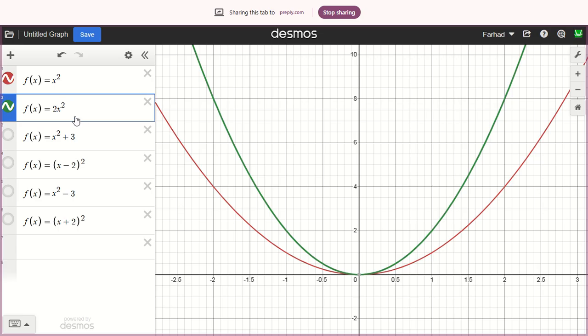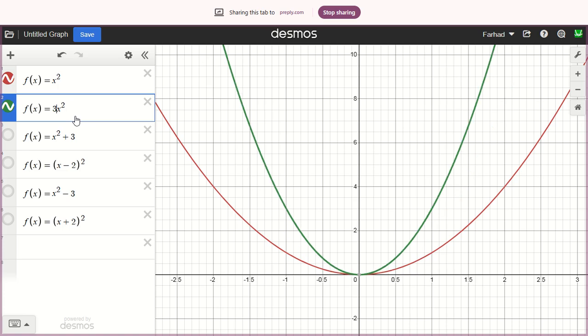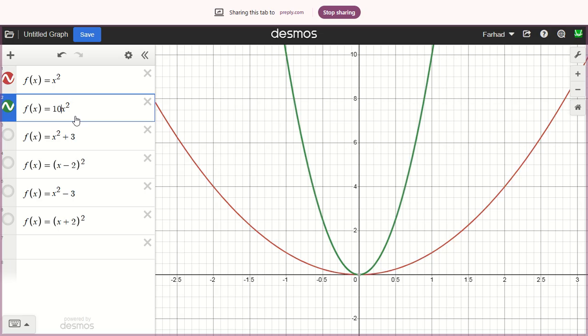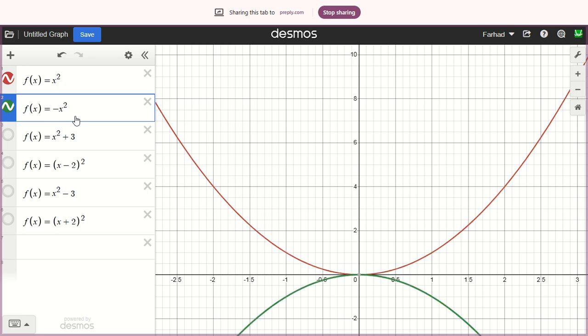But if we increase the value here, if we put 3 here, then it will be more. If we put 10 here, then what happens here? The value increases, the function squeezes more. Yeah, right. So now if you put negative sign here, what happens here?